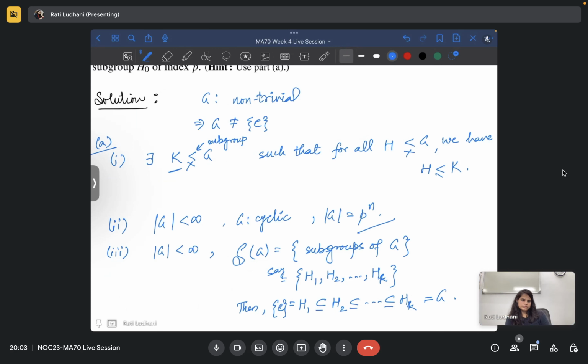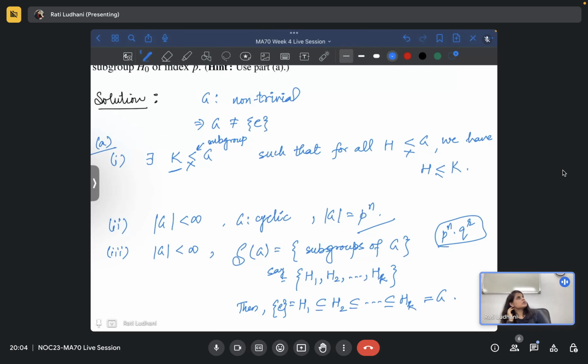If there are at least two primes, say p raised to n and q raised to r, then there could exist a subgroup of order p and a subgroup of order q, and between these two you cannot have a total order. So if there has to be a total order, there has to be only one prime.